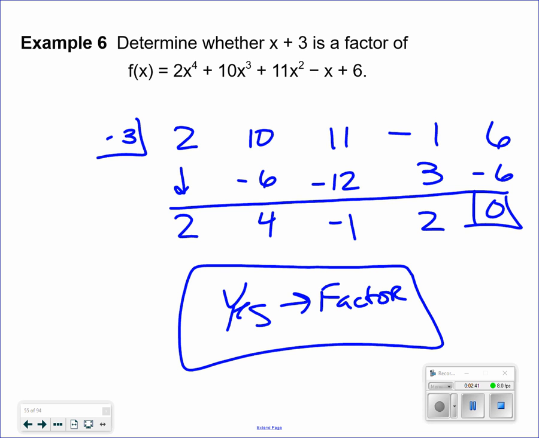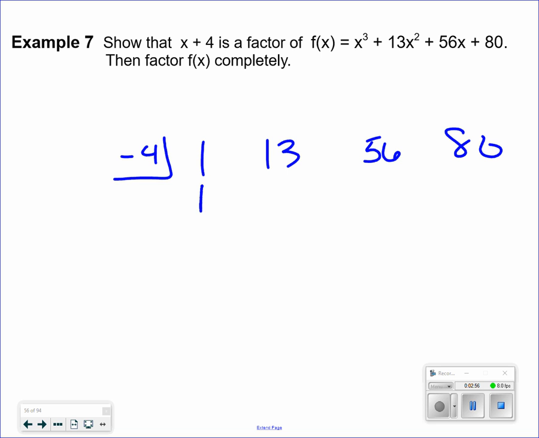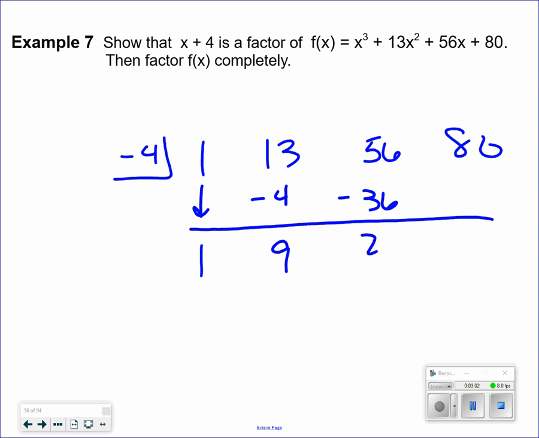So now, continuing on: show that x plus 4 is a factor, then factor completely. I'm already told in the directions that x plus 4 will be a factor. So I already know that my remainder, when I do this, should be 0, and it is.